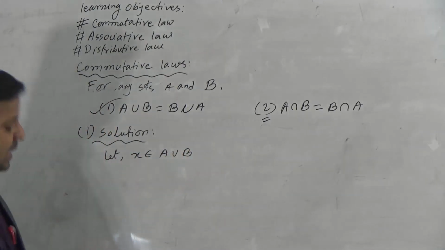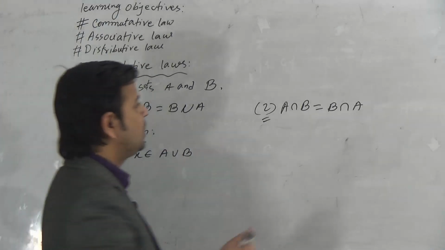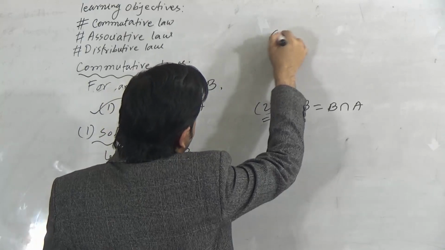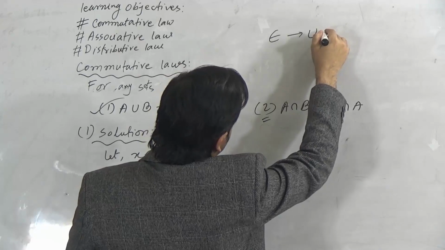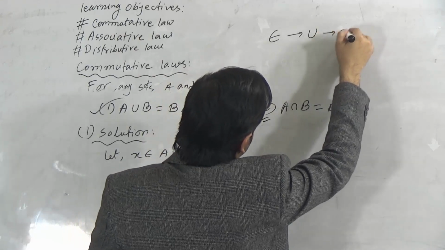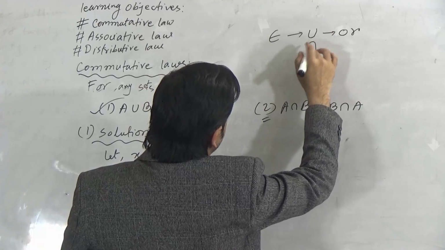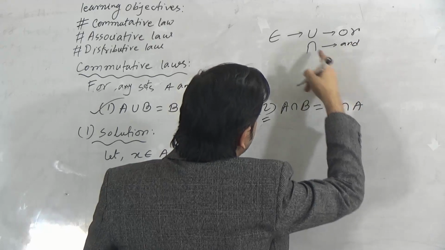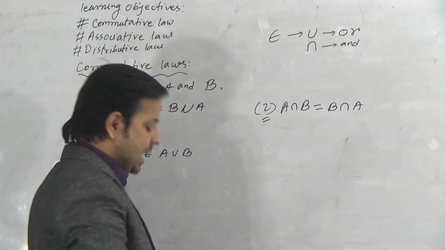To solve this, we have to know two things here. At first, in case of elements, when it is union, we can write this as OR. If it is intersection, we have to write AND. Why do we write OR and why AND?